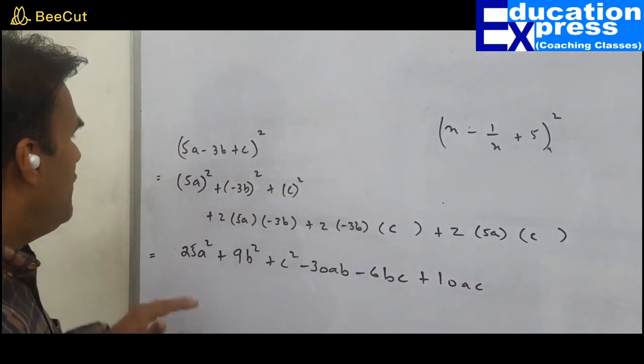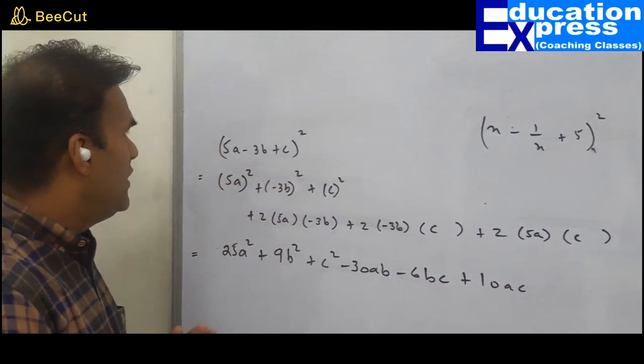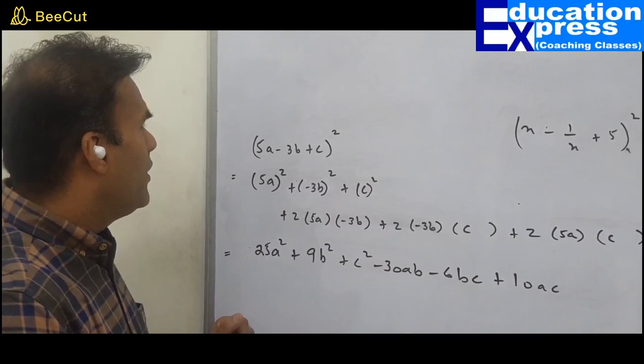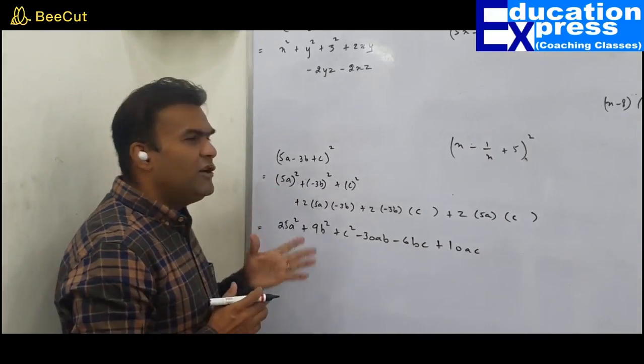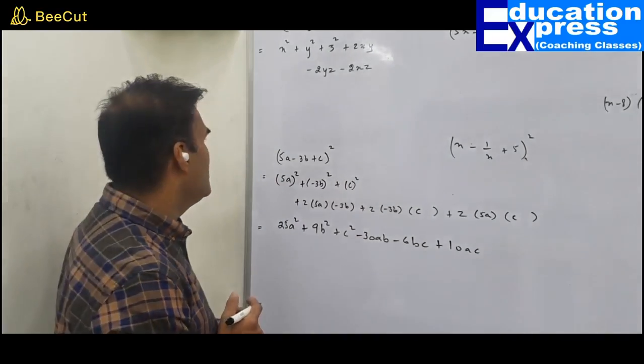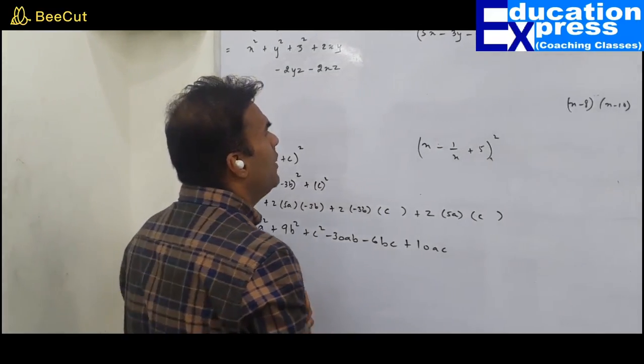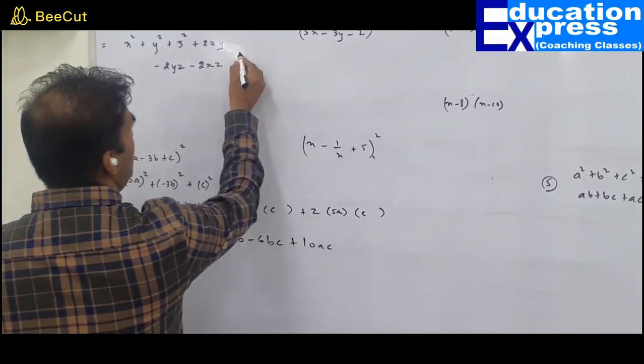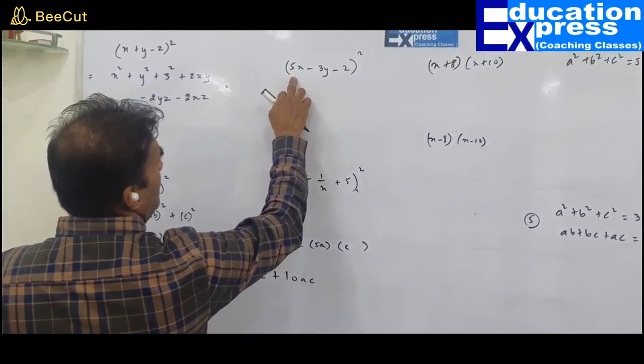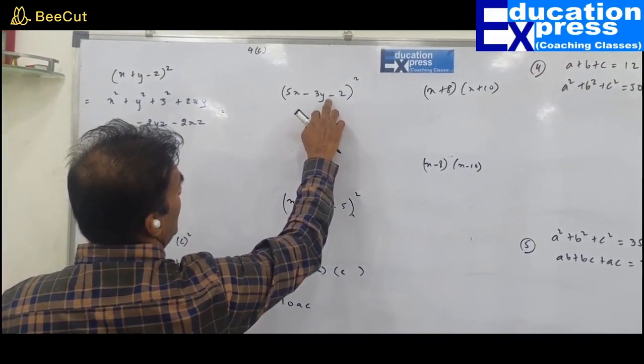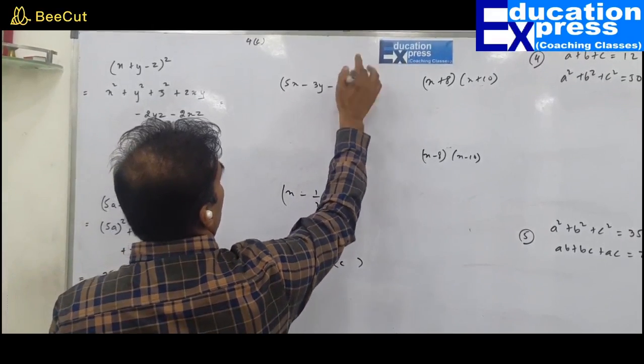So I hope you guys have really understood how to expand a square when 3 terms are given to you. That means the sum of 3 terms and the square of that. Let us try this question. A, that is 5x minus 3y minus 2 the whole square.